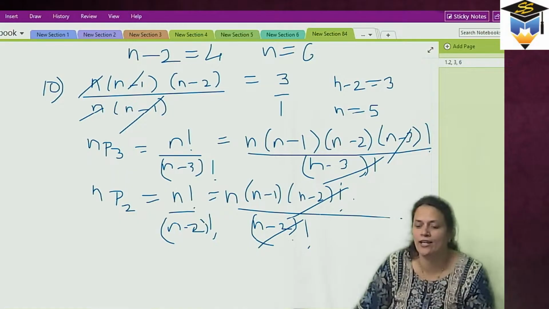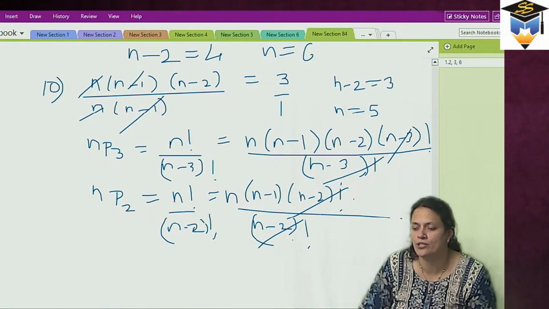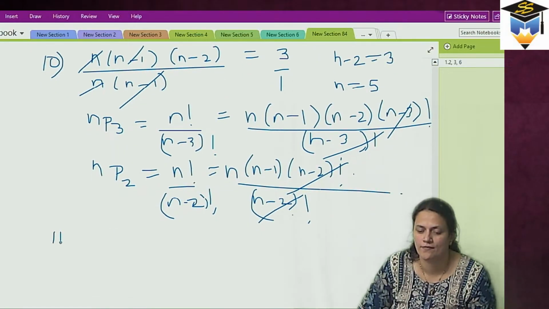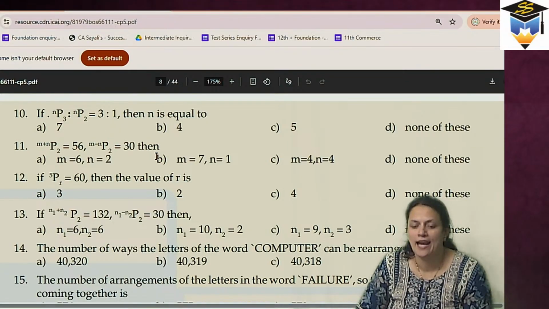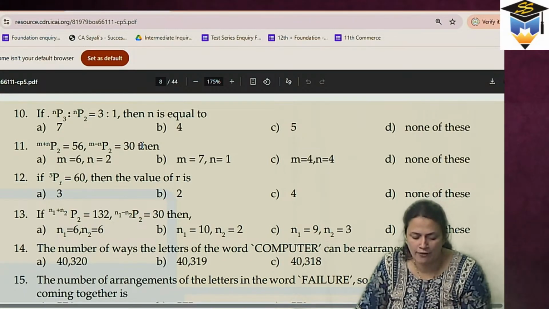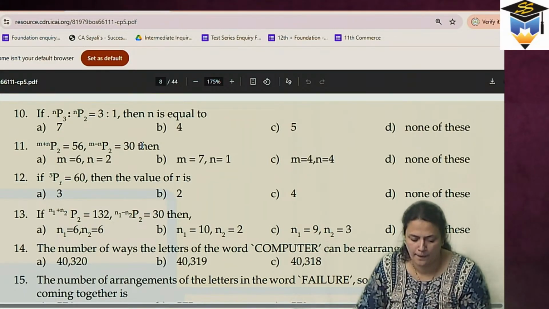Okay. Now let us go to 11th question. m plus np2 is equal to 56. This is given to us, and m minus np2 is given to us as 30. Find the value of m and n.